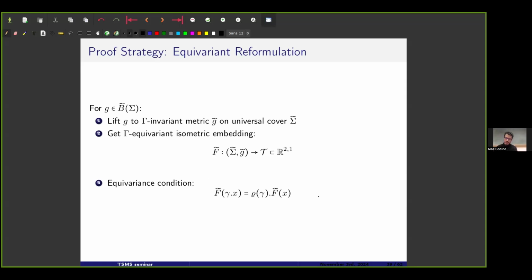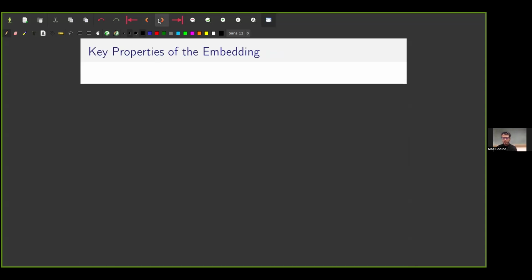So the idea is to prove that the metric G tilde is quasi-isometric to the hyperbolic metric, and we need to prove that the constant does not depend on the metric G, because this is any metric. Since we are on a compact surface, any two metrics are quasi-isometric, but we need the constant to be independent.